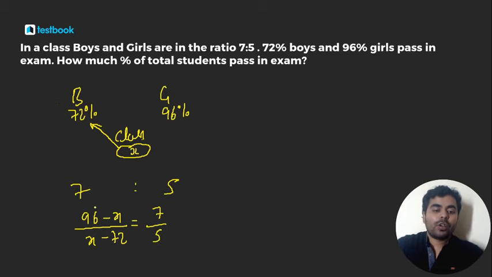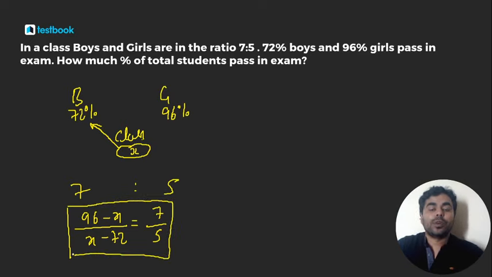Now what we are observing here is that the alligation method is going a little lengthy. So how to analyze whether the alligation method is going to be lengthy or not?